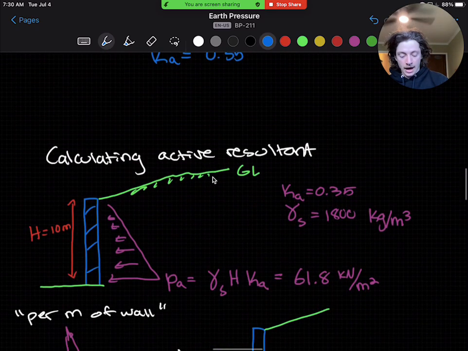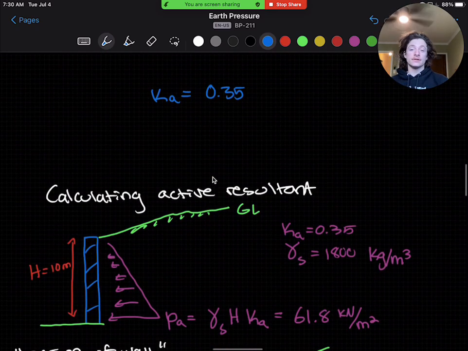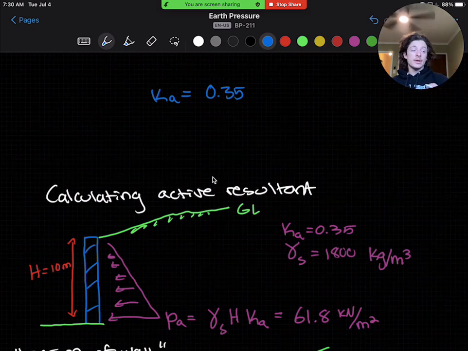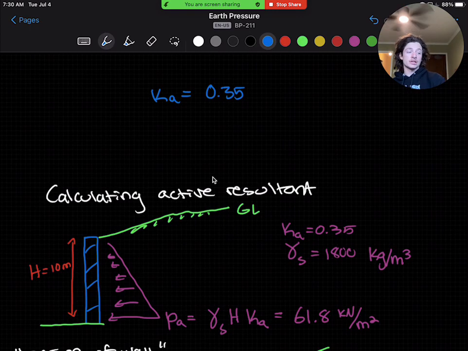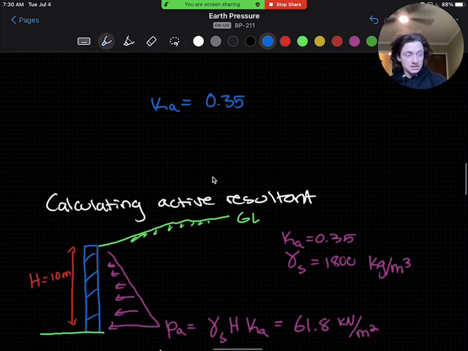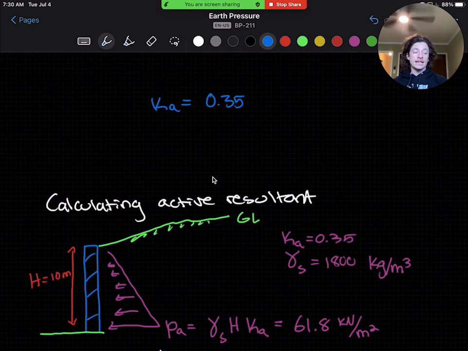And we're going to talk about calculating the active resultant. So now that we have our coefficient for translating vertical pressure into horizontal pressure, we can do just that. So let's take an example retaining wall for simplicity. We have a wall of 10 meters in height, and a soil unit weight of 1,800 kilograms per cubic meter.